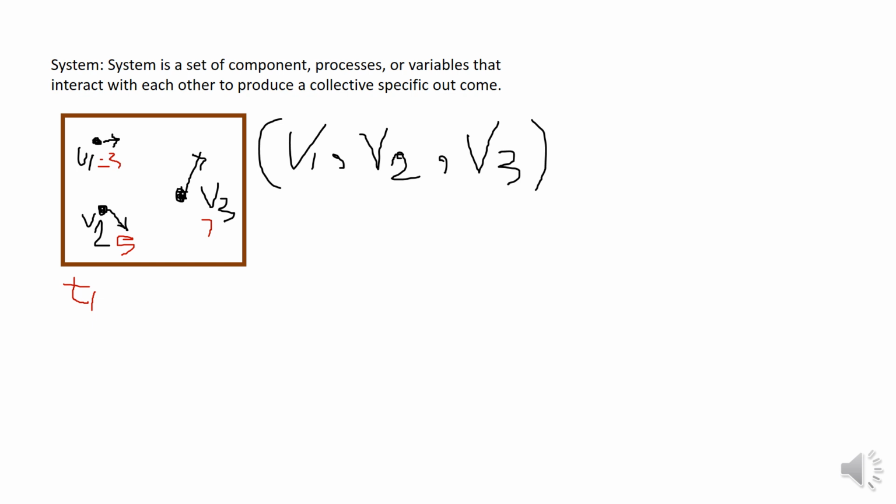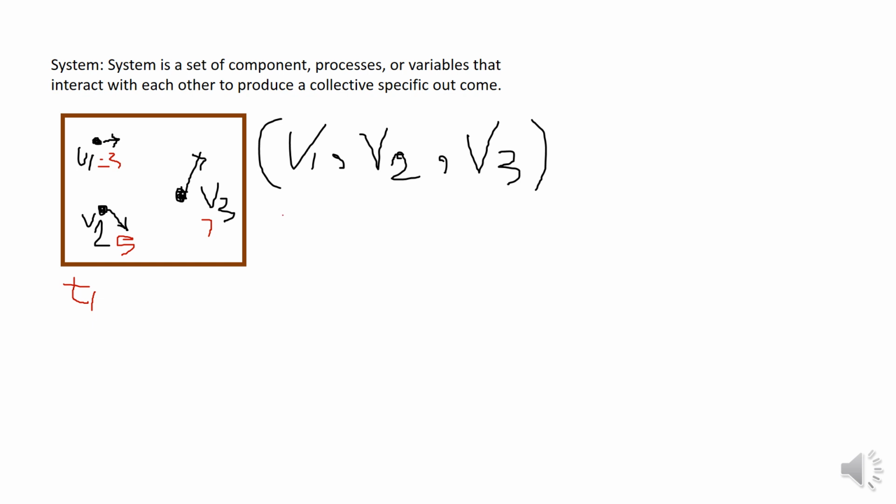These particles are in random motion. They can exchange their velocities, but at any instant of time we have chosen velocity v1 as 3, v2 as 5 and 7 for v3.